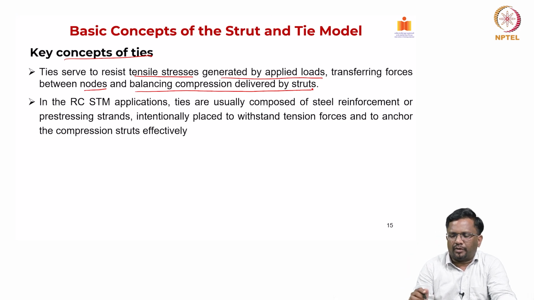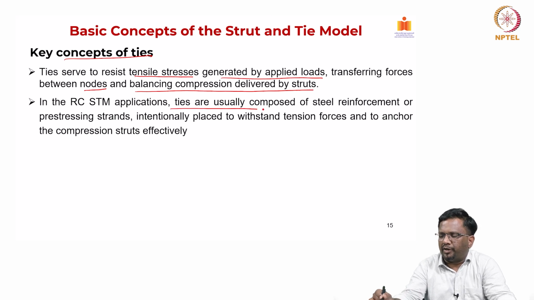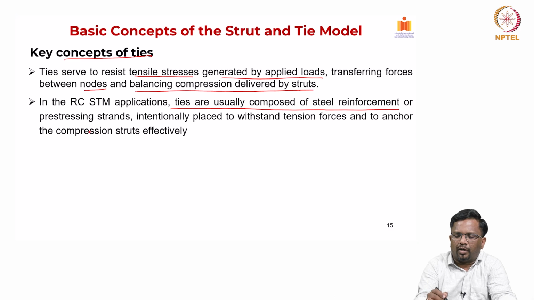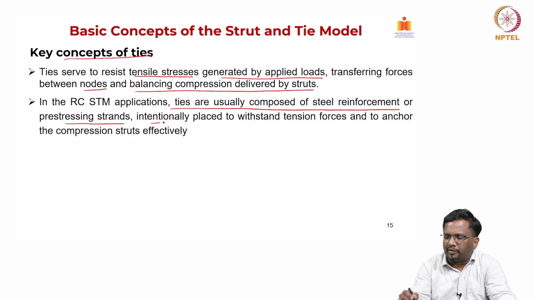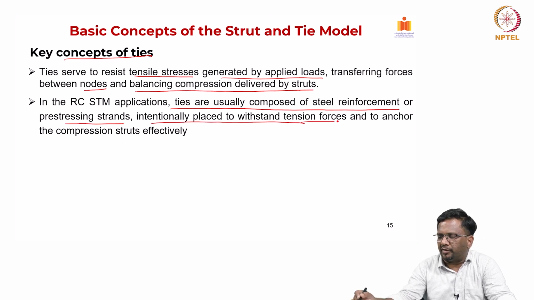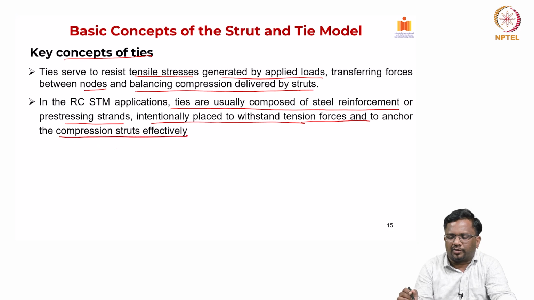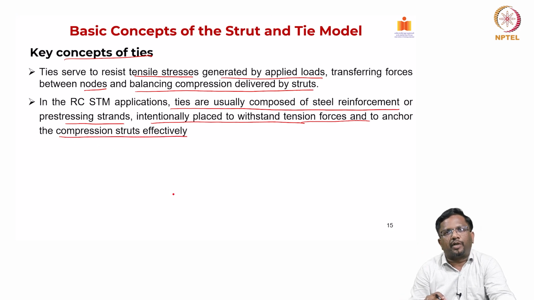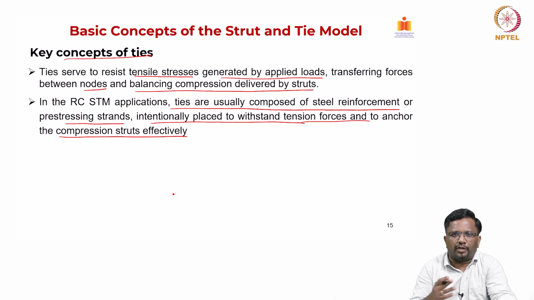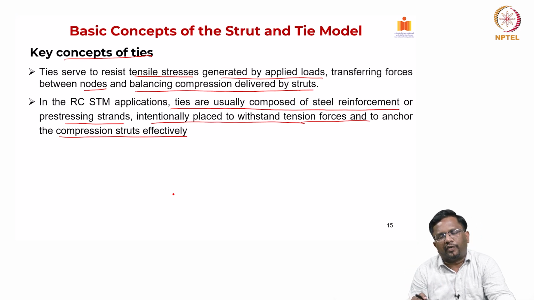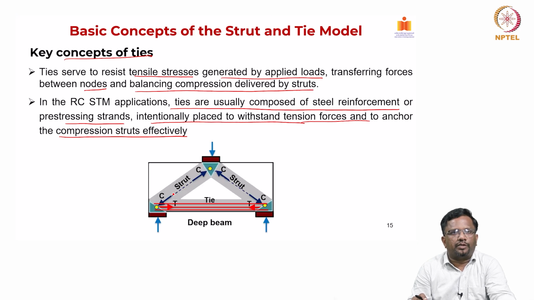In reinforced concrete strut-and-tie applications, ties are usually composed of steel reinforcement or prestressing strand, and they are intentionally placed to withstand tension forces and to anchor the compression struts effectively. As I have told you, the ties have to be adequately anchored, otherwise it can lead to bond failure and the efficiency of the ties will be compromised, right. So, we need to have adequate anchorage.